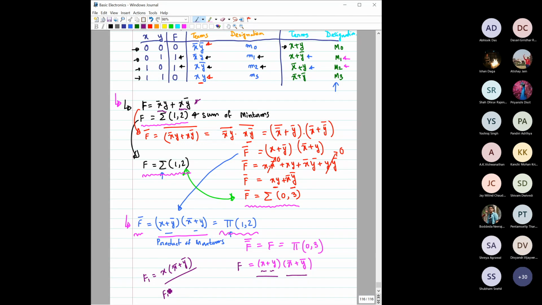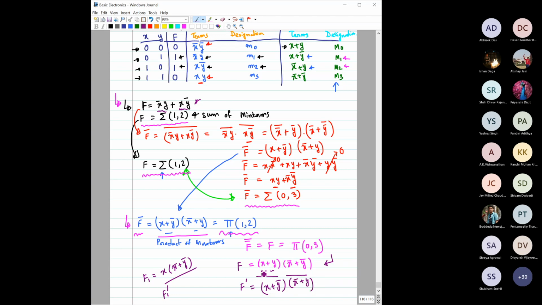But if the function is represented in this form, where as there are two variables, both the variables are present, then for this type of representation you can easily say, if this f is this, then f bar would be equal to x plus y bar and x bar plus y.